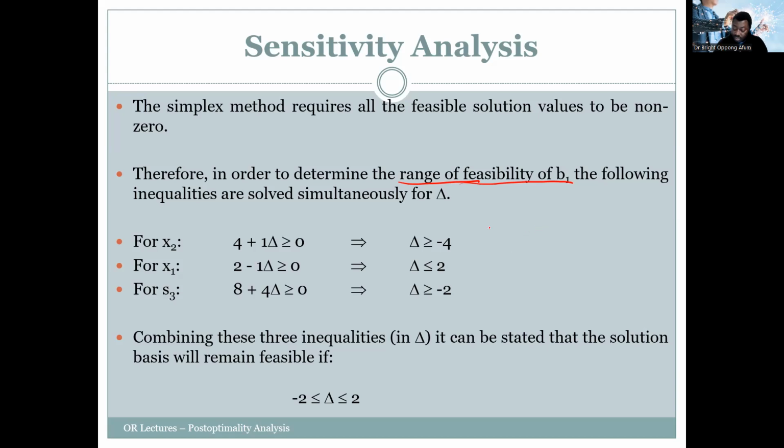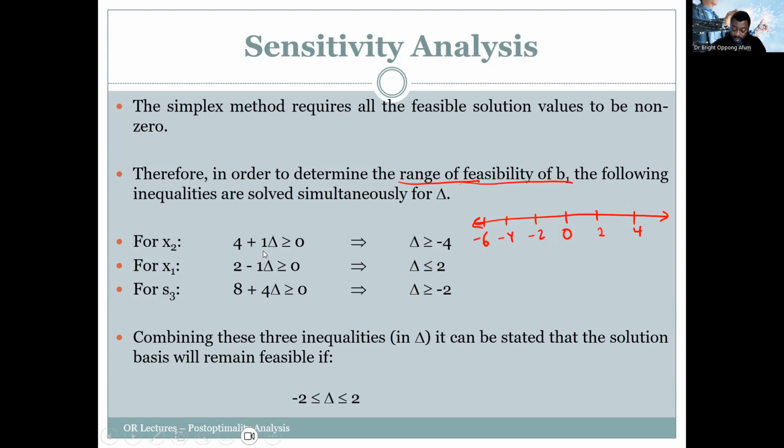Assuming we go to the elementary number line, we have our 0 here, and we have 2, 4, -2, -4, -6.